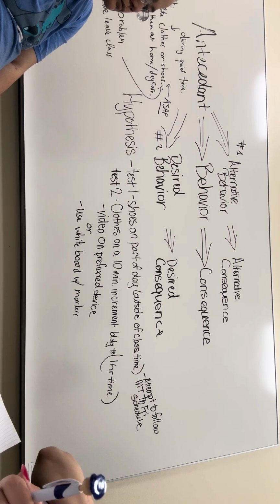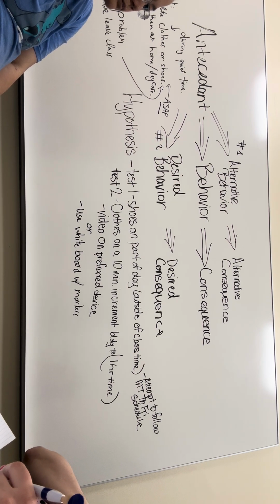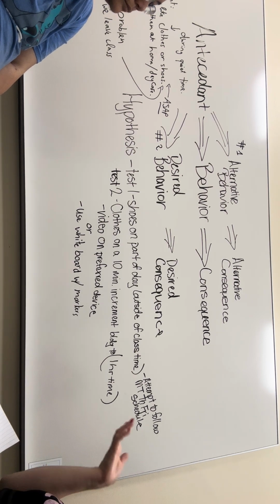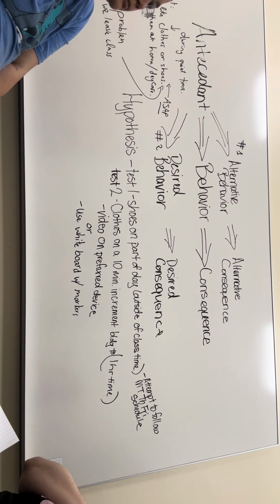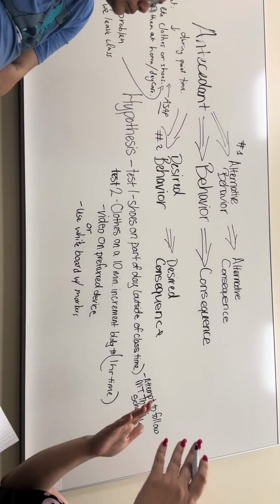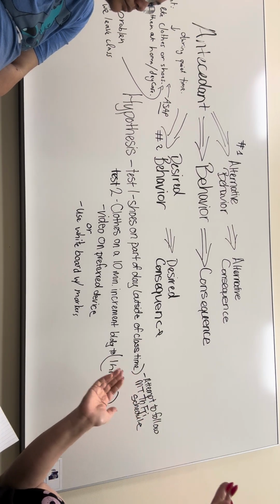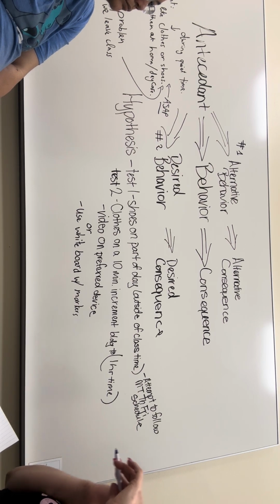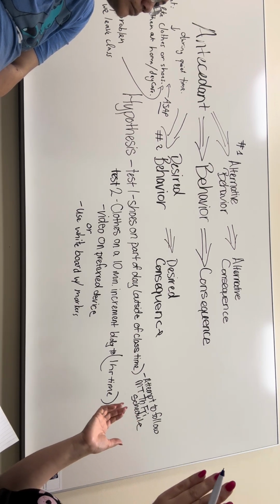So the first alternative behavior, the first hypothesis that we can try out is, like you said, to keep his clothes and shoes on with increments, building up to 10 minutes, and then he can earn 1 minute for each 10 minutes he keeps them on.